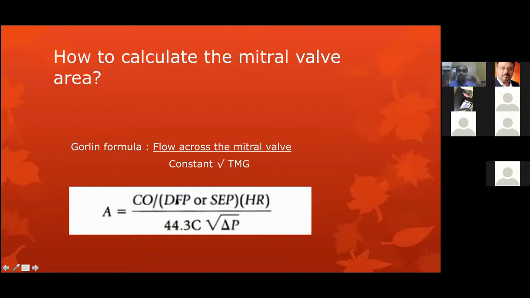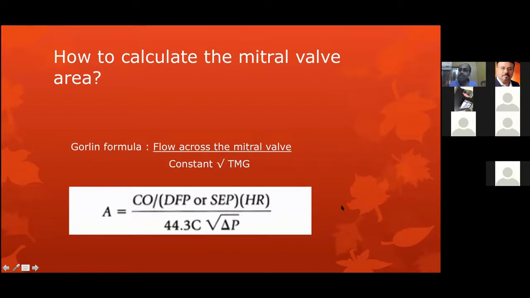That means the flow in diastole through the mitral valve. That is divided by 44.3 times a constant times the root of the mean gradient. The constant for the mitral valve is 0.85, so this value becomes 37.7. So Gorlin's formula for the mitral valve is flow divided by 37.7 times the root of the transmitral gradient.